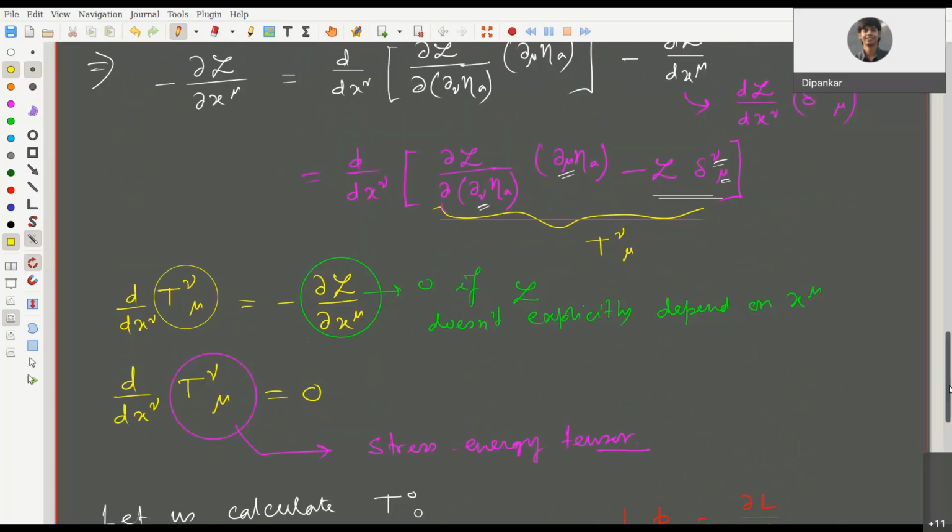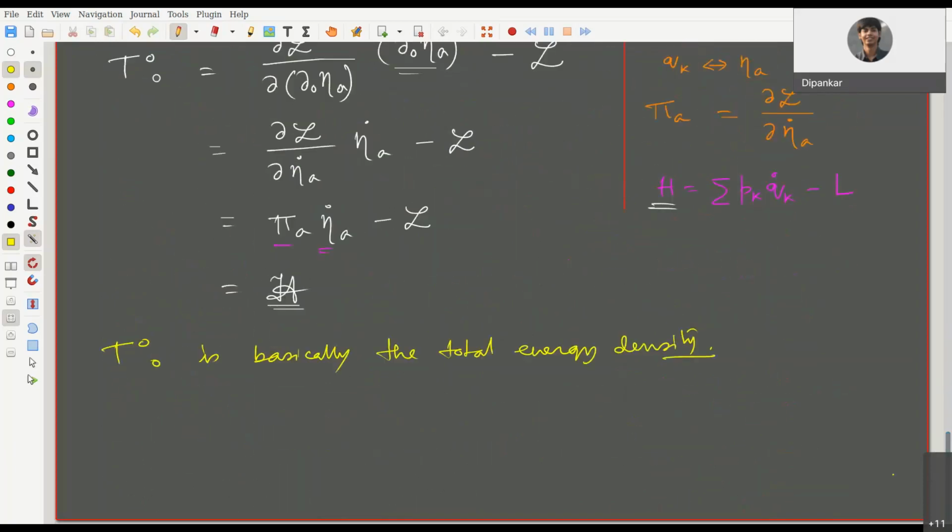So for that, you should construct, say, T nu sigma, which is equivalent to T nu mu times the metric tensor G mu sigma.